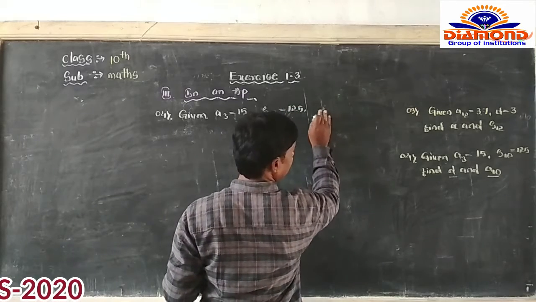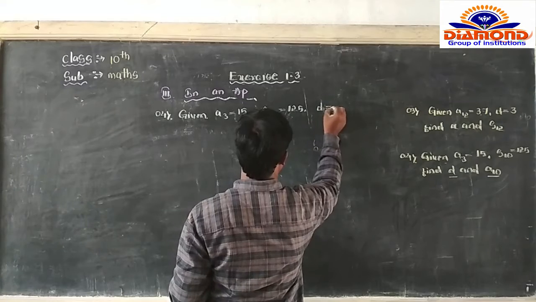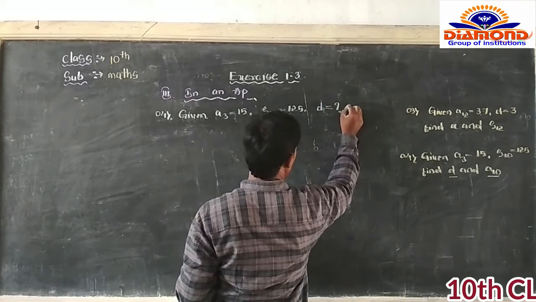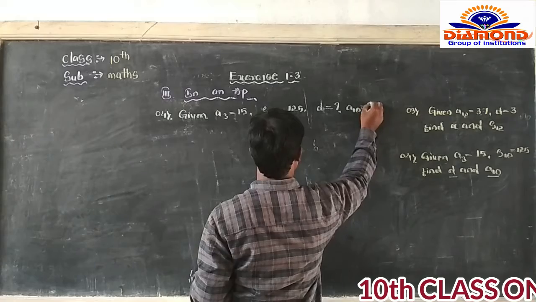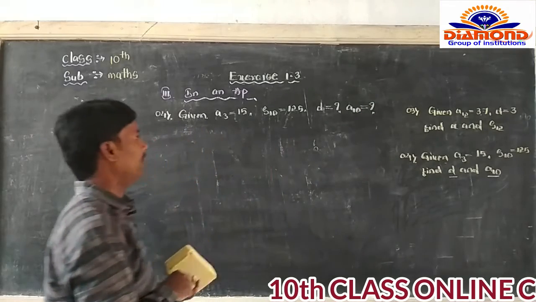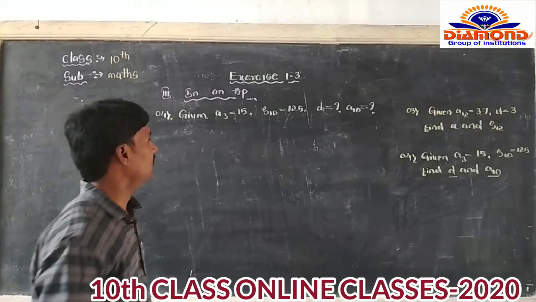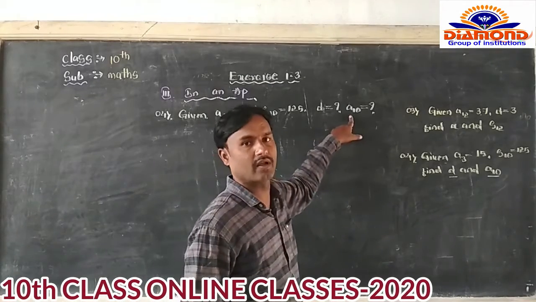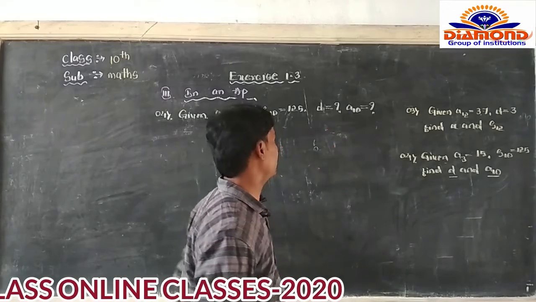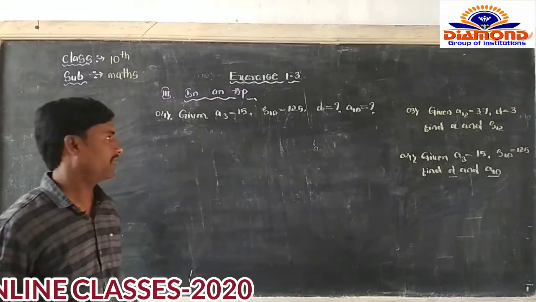Find the common difference, d is equal to question mark, and a10 is equal to question mark. So in this we should find d, and after finding that, we will get the 10th term.